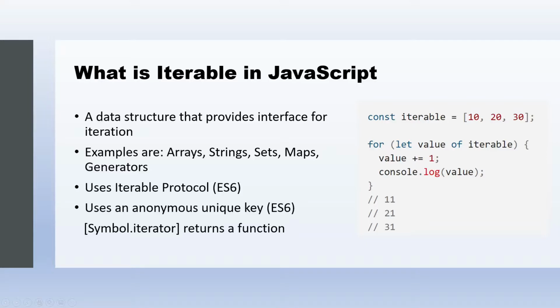What it basically is, is that it uses a unique key. This key is the iterator, and this iterator returns a function that defines whether something is an iterable or not. If this object has a key Symbol.iterator, and that key returns a function, it's an iterable. If it returns undefined, it's not an iterable.